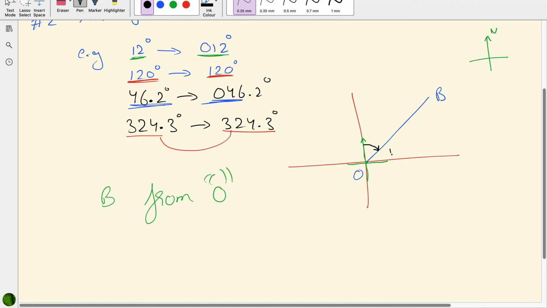So if you are given with this angle 40, you will subtract 40 from 90 and you're left with 50. So the bearing of B from O is 0, 5, 0 in 3 digits.